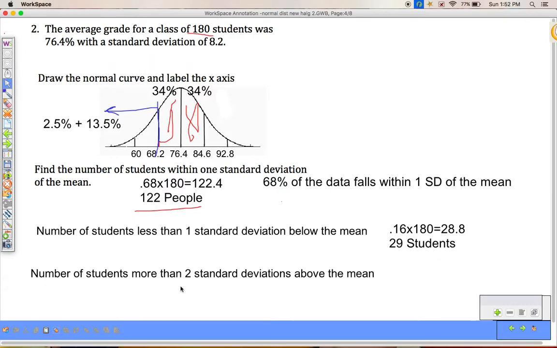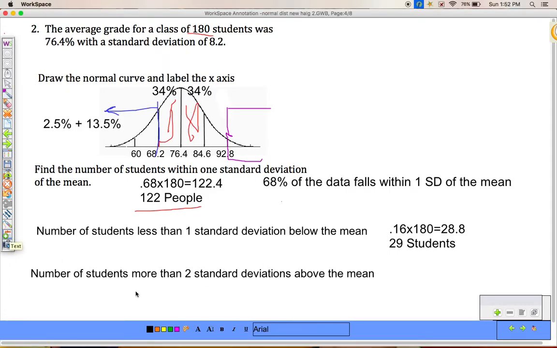Now find me the number of students more than 2 standard deviations above the mean. So what I'm looking at are all these people, more than 2 standard deviations above. If you look underneath this curve, this little area, there's not much room, so there shouldn't be many students. Underneath this other part of the curve is a lot of room, so there's going to be more students.